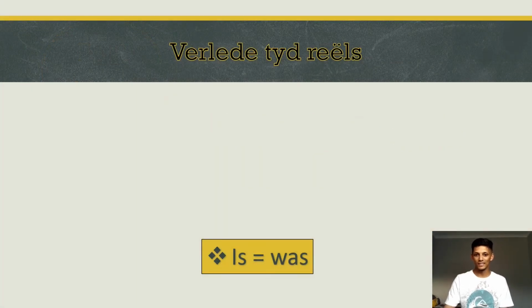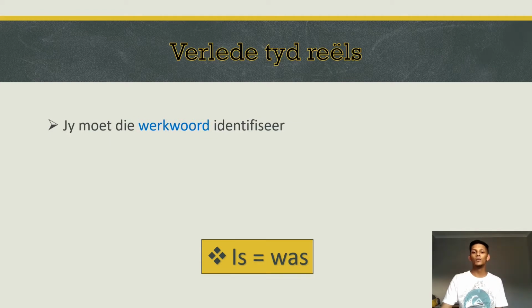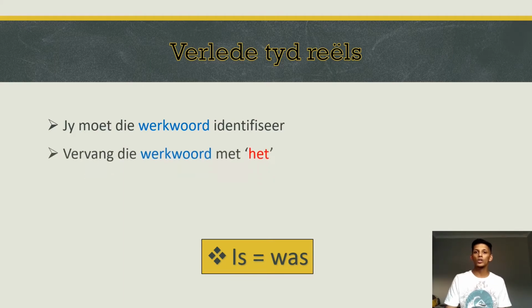Verlede tyd reëls. Die eerste reël, jy moet die werkwoord identifiseer. So in any sentence that you're given and asked to do it in the past tense, die verlede tyd, jy moet kyk na die werkwoord, the verb, and once you identify the verb, then you move on to our second step, which is to vervang die werkwoord met het.